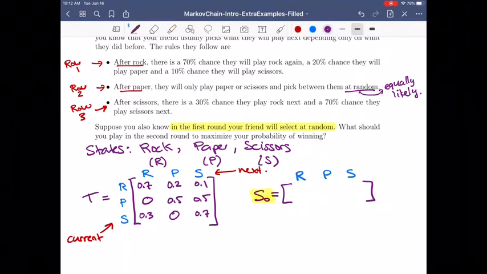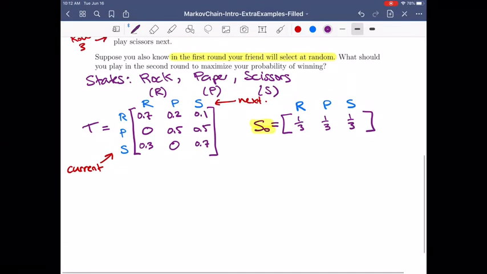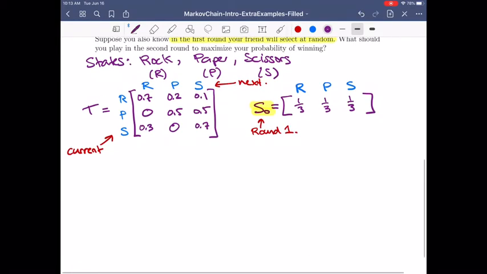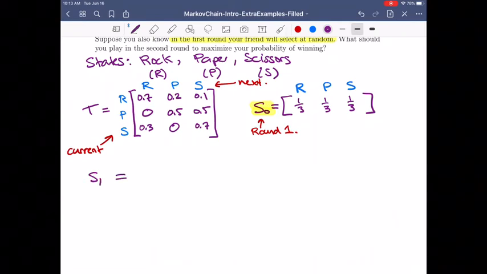If they select at random, I'm going to write it as a fraction because it's 0.33333, but there's going to be a 1/3 chance that they pick any of them because they pick at random. So we want to know what happens in round 2. Let's make a note that S0 is actually round 1. So what we want is S1. S1 is the second round.